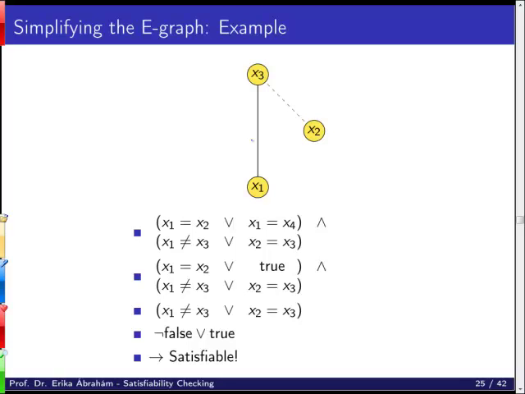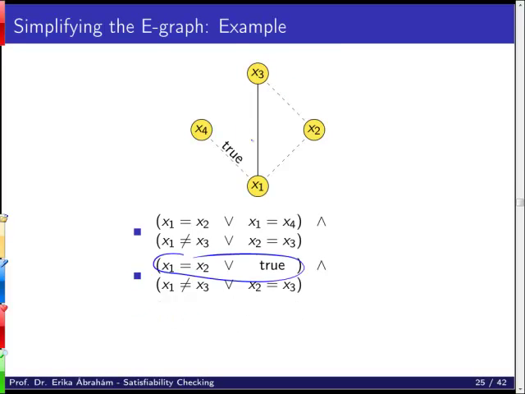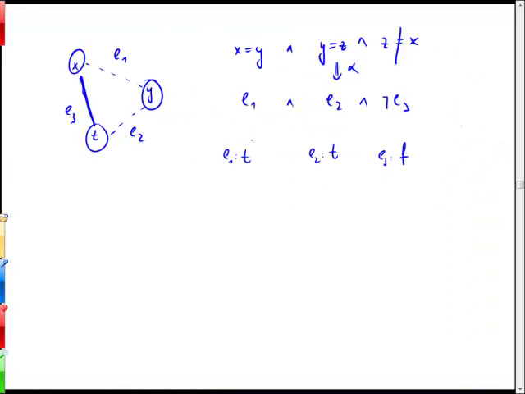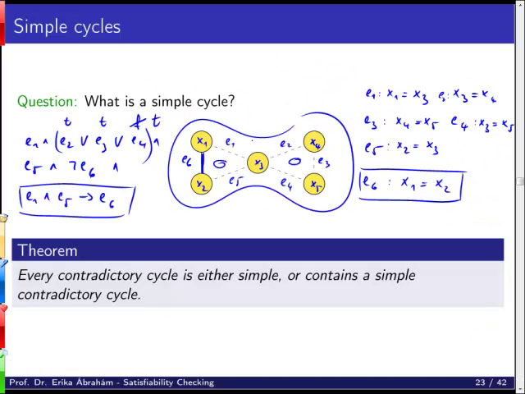Of course, it does not always end up in a satisfaction value, but at least in a formula which has an equality graph such that non-contradictory cycles are removed. So we have here in this example, perhaps I was a bit fast, we have seen that we only need to consider simple contradictory cycles.